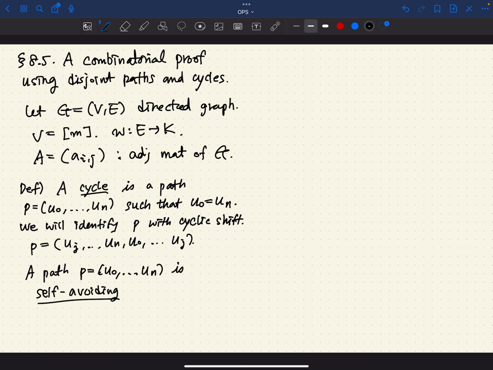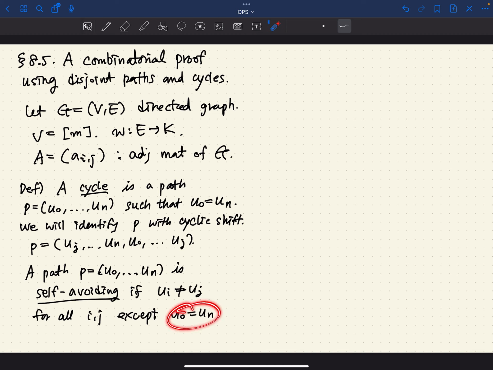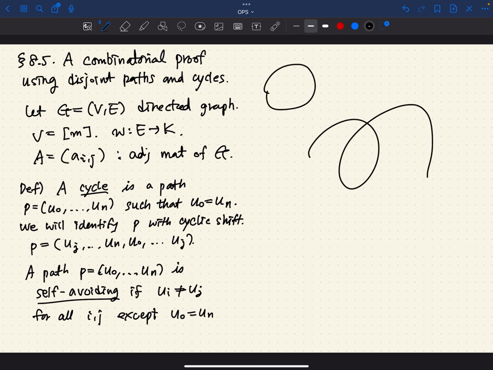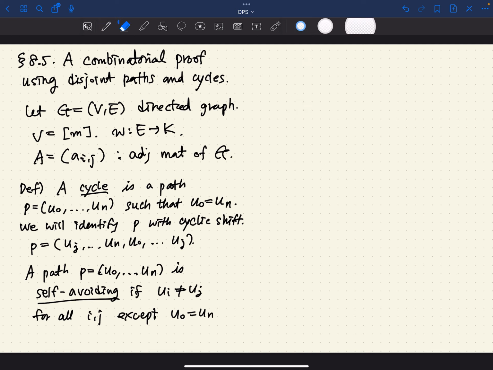That means it doesn't have any self-intersections, if u_i, u_j are all distinct for all i, j, except possibly that this may or may not happen. If it's a cycle, this is true, but if it's not a cycle, it's not true. But this is allowed if it's a cycle. Okay, that's what I mean. So this is self-avoiding, but this is not self-avoiding, because of the intersection.